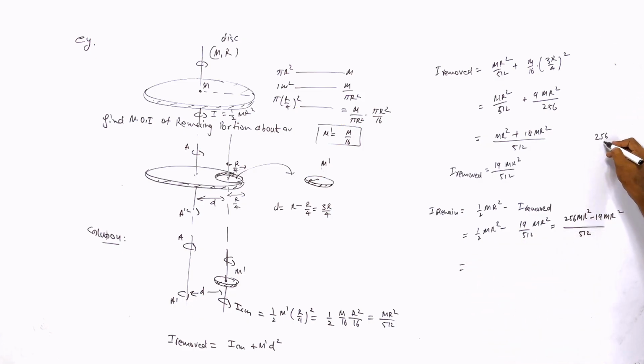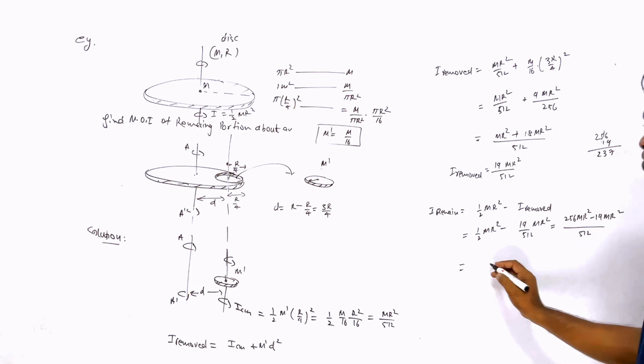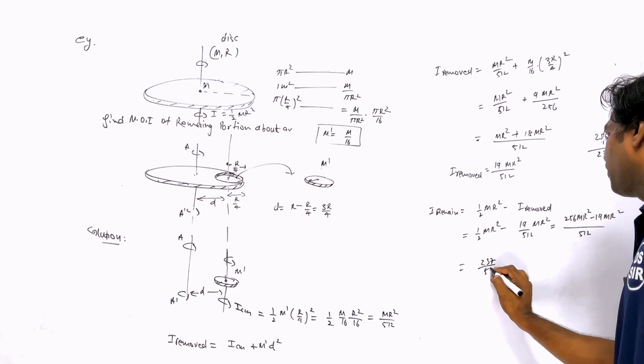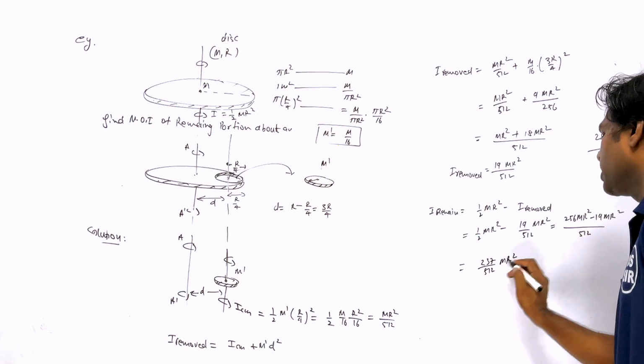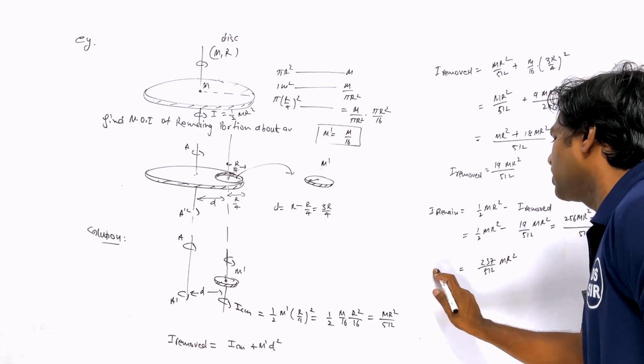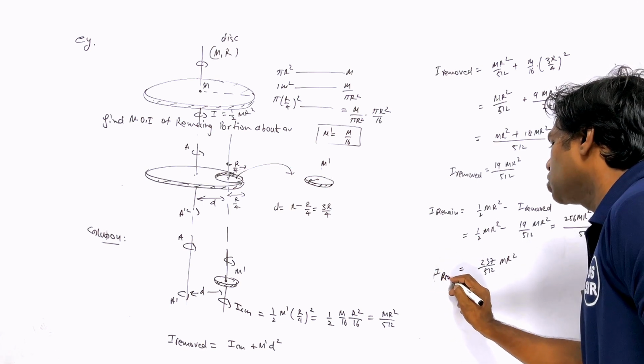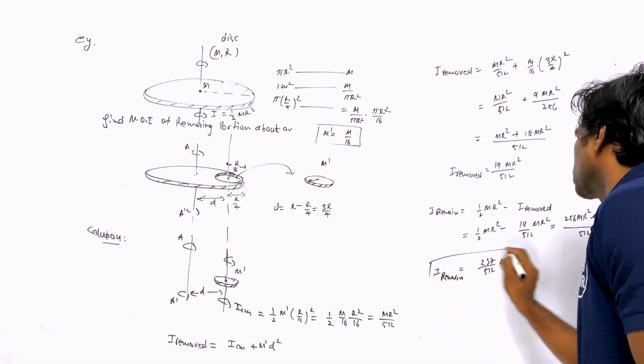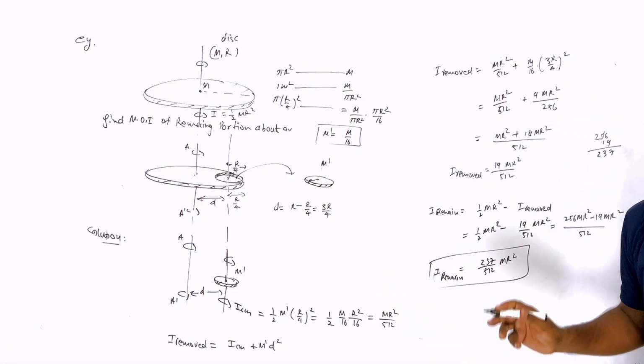So 256 minus 19: 16 minus 9 leaves 7, 4 minus 1 leaves 3, and so 237. 237 upon 512 mr square is the moment of inertia of the remaining portion. So this is the way to solve this question. Are you getting? Copy this.